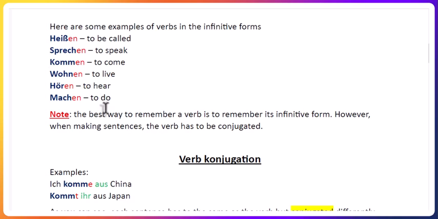Conjugation depends on the blue part, mostly the blue part, unless a verb is irregular. The conjugation is done with the verb stem.